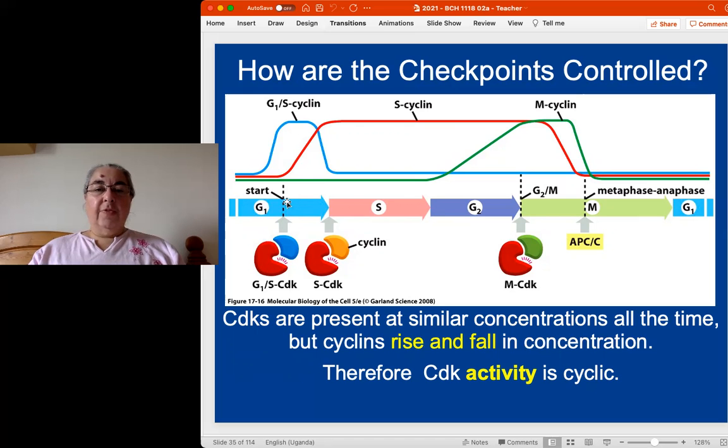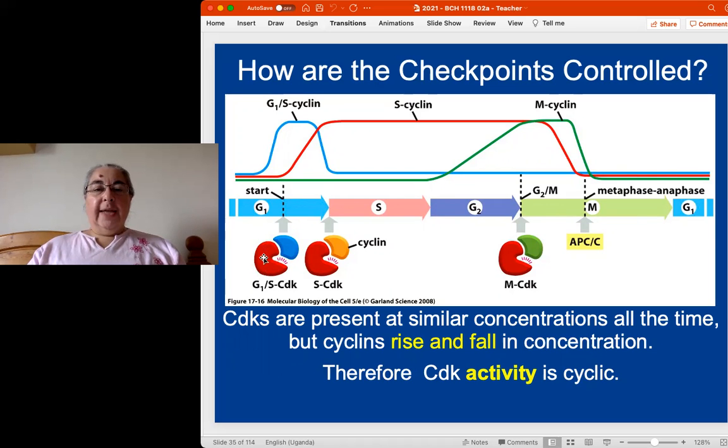One is involved in the start checkpoint to allow the G1 to S phase transition. This one is also involved in allowing the cell to enter S phase, and this one is involved in allowing the cell to enter mitosis.